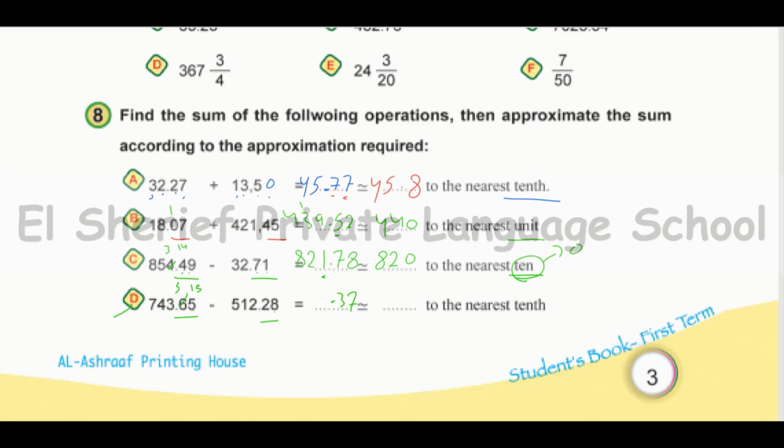Then put the decimal point. 3 minus 2 equals 1. 4 minus 1 equals 3. 7 minus 5 equals 2. Approximate to the nearest tenth, so we look at the hundredths place. We have 7, 7 is more than 5, so 3 becomes 4, increased by 1. Then complete 1, 3, 2, and cancel all numbers on the right.